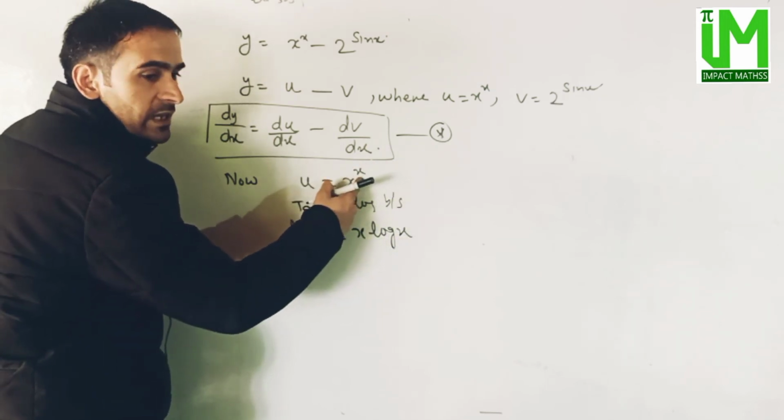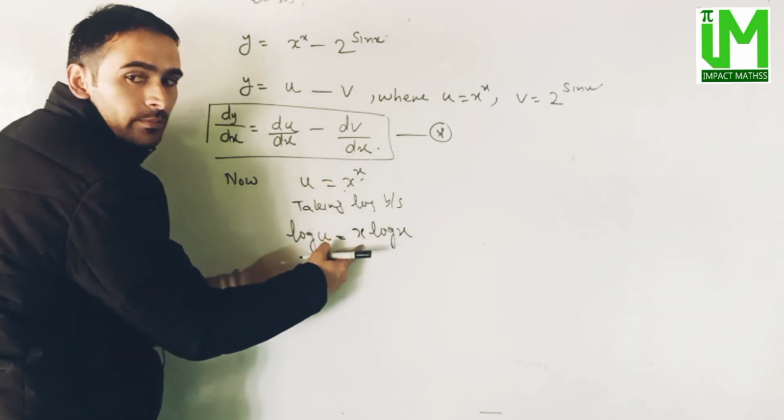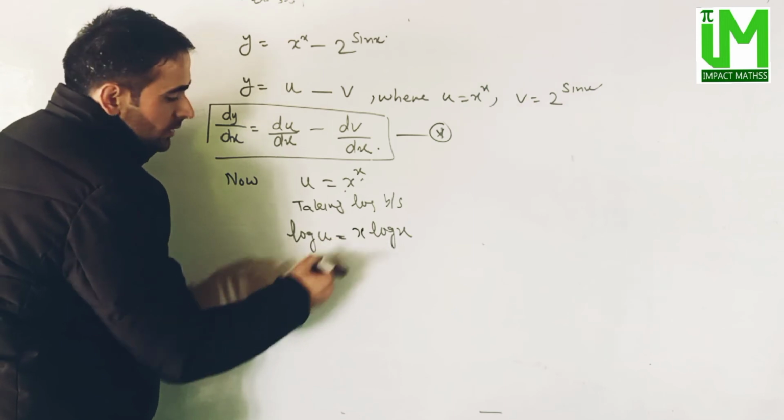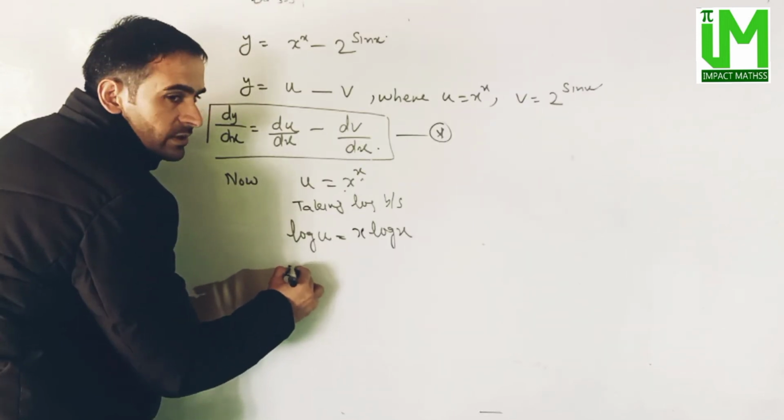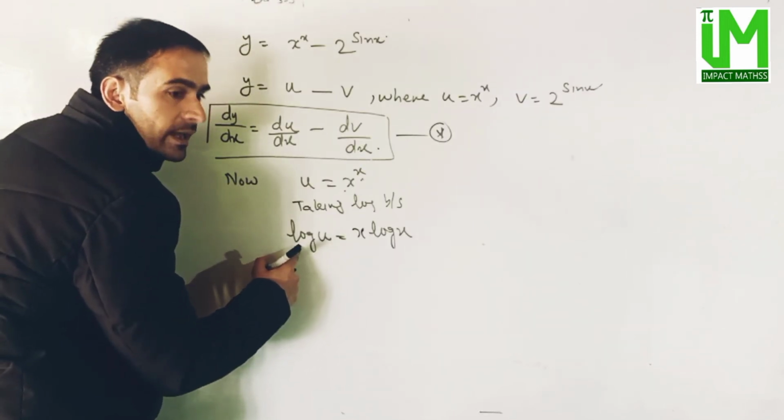The power x gets multiplied with log x. Now we have to differentiate this with respect to x.